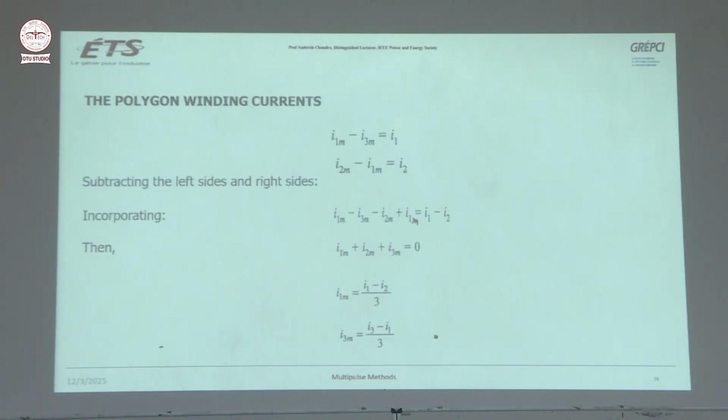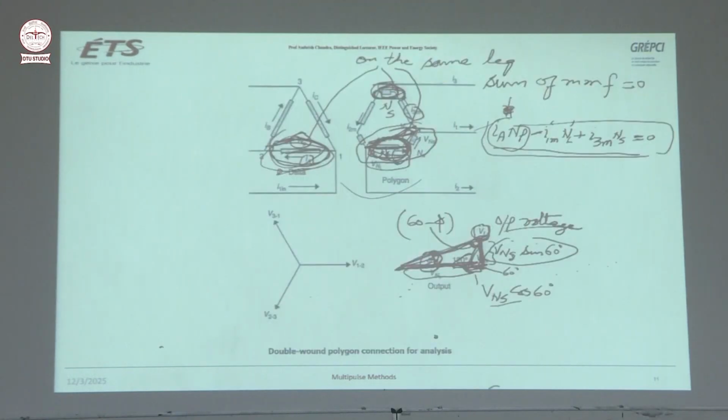Okay, so then we have analyzed it here, I1M. There's some problem. If you see this branch here, I1M is there, and this is I3M, so you can calculate I1.